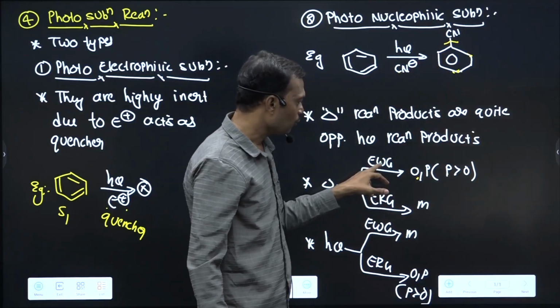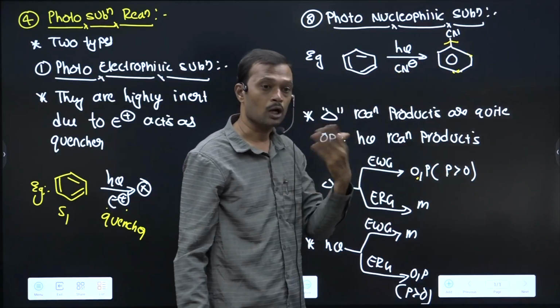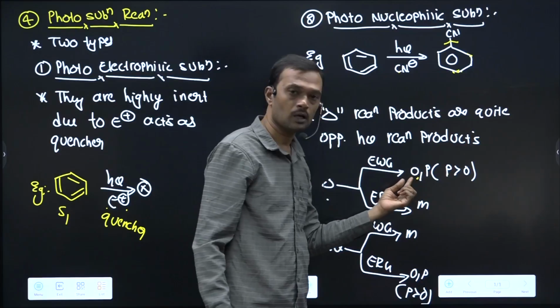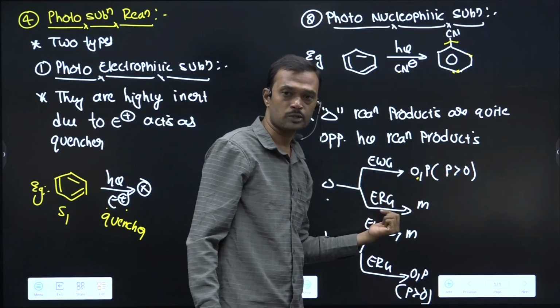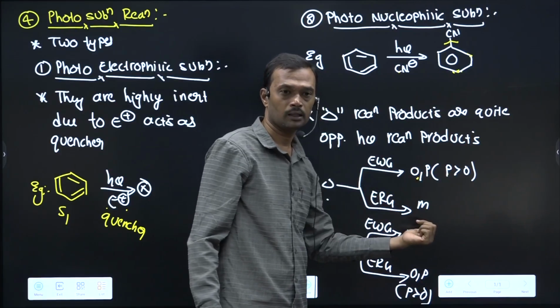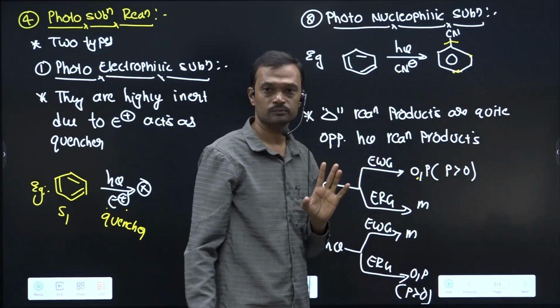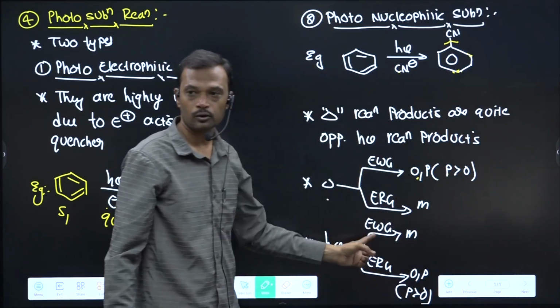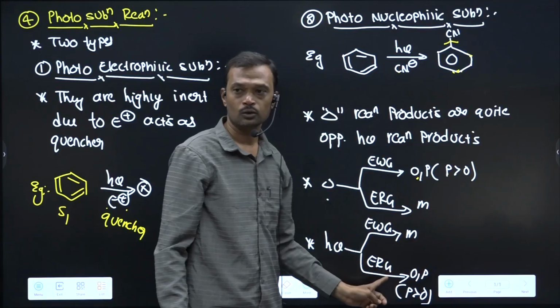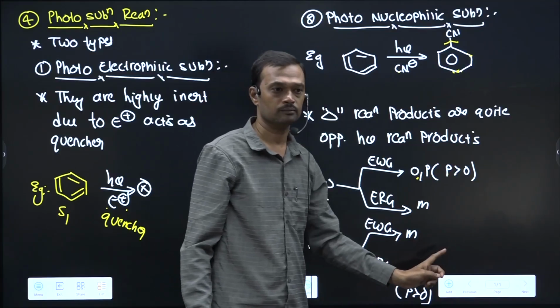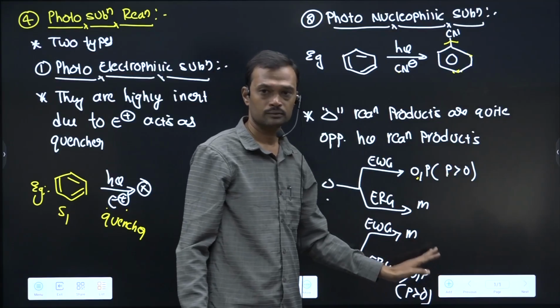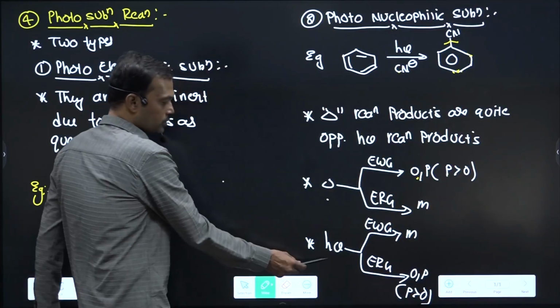Withdrawing groups allow the nucleophile at which position? Ortho para. Donating groups allow meta. Photochemically it is opposite: electron withdrawing groups are meta directors, donating groups are ortho para directors. Clear? Right, so you need to focus on this.